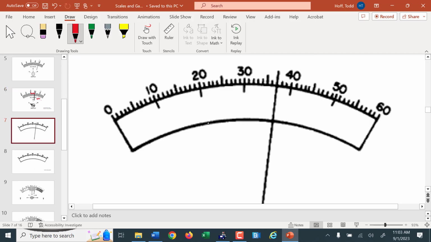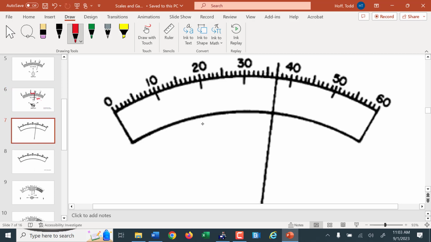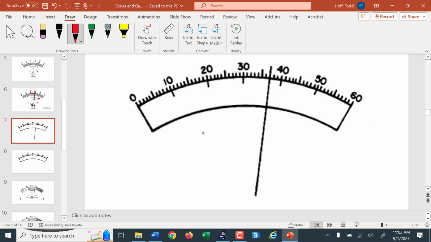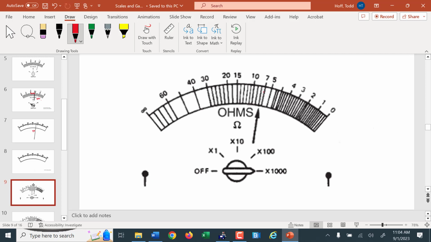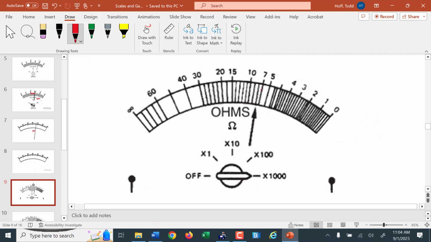So then, of course, some of them just have a little bit different scale. This one's fairly simple to read. What's that indicating there? 37, yes. Each line is just 1 unit. Here's one we don't see much anymore. This is a logarithmic scale for resistance. So you can see here, what a space on the scale means is different from where we're at. This is 1 ohm here.